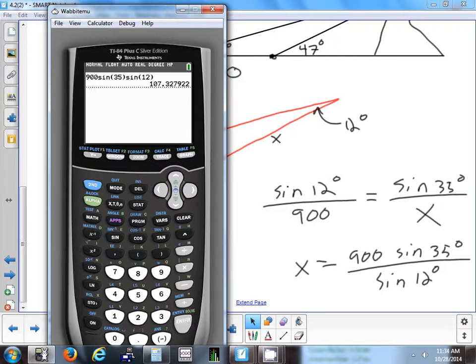Okay, so we get 107 point. Missed the division symbol. Oh, thank you. Yeah, that looked a little small. All right, 2,482. Since we're measuring the height of the mountain, we don't have to go to 3 decimals. Let's just go to 1, 0.9. So 2,482.9.